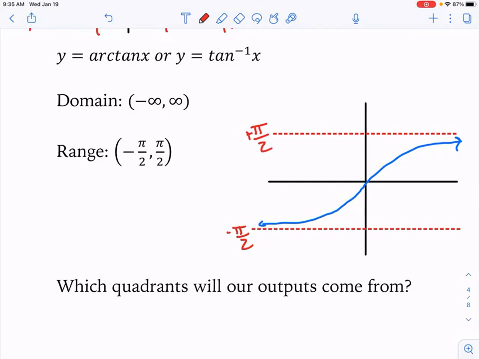I kind of like this. We once again have a range that consists of negative pi over 2 to pi over 2. Now I know this has parentheses and inverse sine has brackets, but our outputs are going to come from the same quadrants.